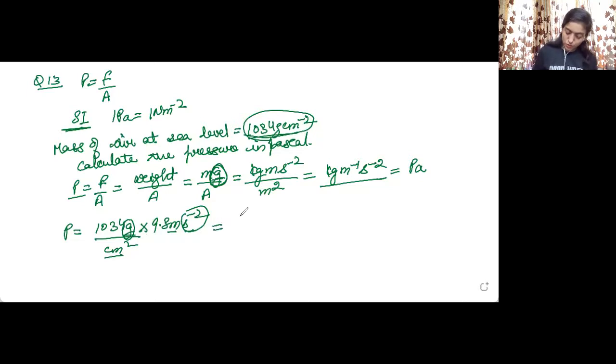Okay, so let us now move into it. It is 1034 gram per centimeter square multiplied by 9.8 meter per second square. Now, if I multiply and divide this quantity with the same quantity, it will not make any difference to it. Now I need to convert this gram into kg.